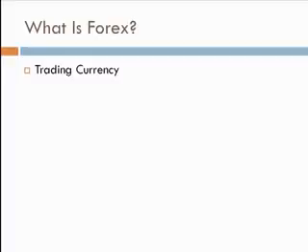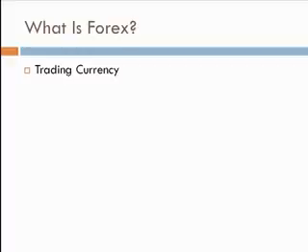Trading on the Forex is where one currency becomes more valuable in relation to another currency. So here in the U.S., for $1 US, I can buy a certain percentage of a euro, for example. If my dollar comes up, then I can buy more of a euro. And if my dollar goes down, I can buy less of a euro.